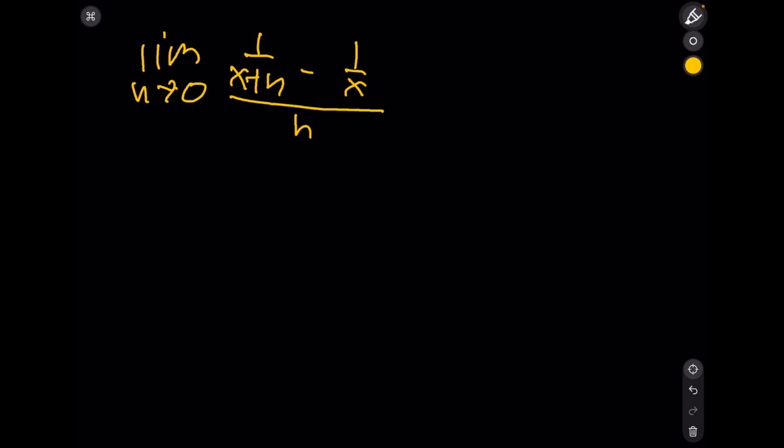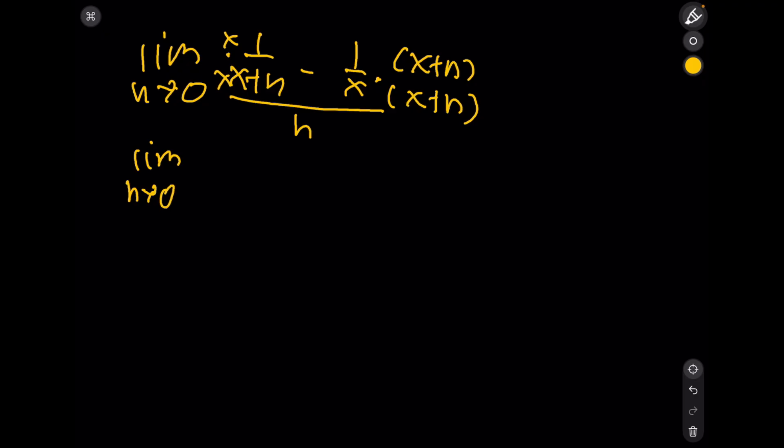We're just going to multiply the 1 over x by x plus h all over x plus h, and then multiply by x right here as well. So we're going to have x minus x minus h all over x times x plus h.